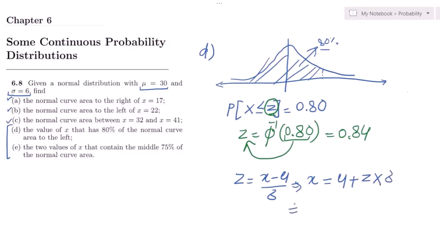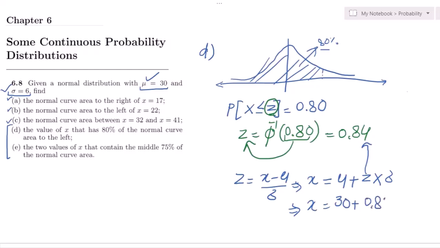Okay, so we know the value of mu, we know the value of sigma. Let us put those values here. So x is here, 30 is mu. Okay, the value of z is here 0.84, multiplying it with sigma, which is 6.